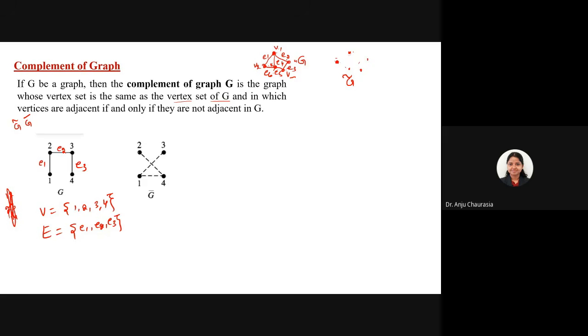Now you can see in the G complement, between 1 and 2 edges are not present. Between 2 and 3 edge is not present. Between 3 and 4 edge is not present, but wherever edges were not present, there we can see the edges. So between 2 and 4 edge was not present, and between 1 and 3. I can see those edges.